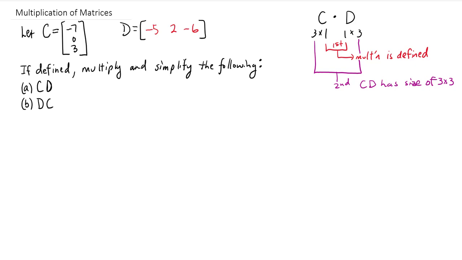Now, how do we get C times D? First thing you probably want to do is write matrix C, negative 7, 0, 3 in the column position, and then write matrix D next to it. Remember, there's an invisible dot in between these matrices.